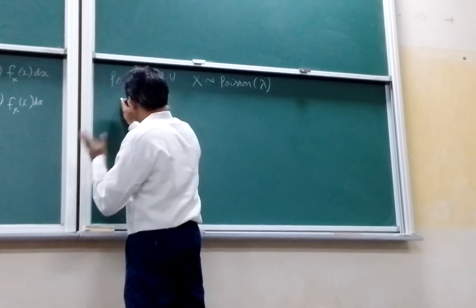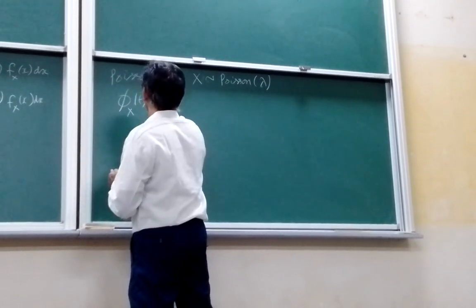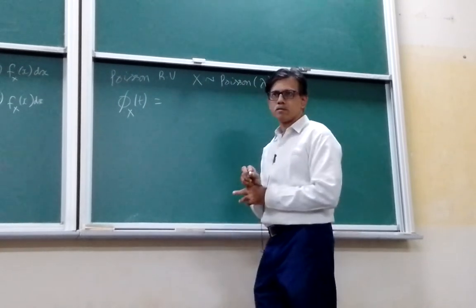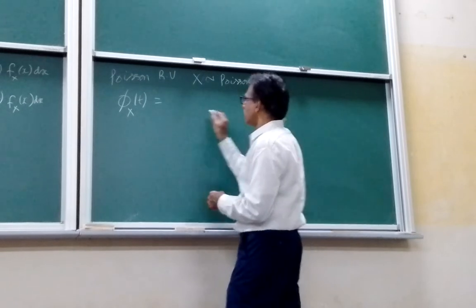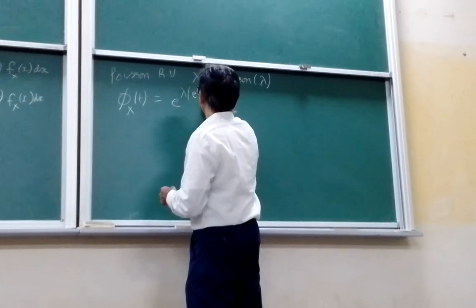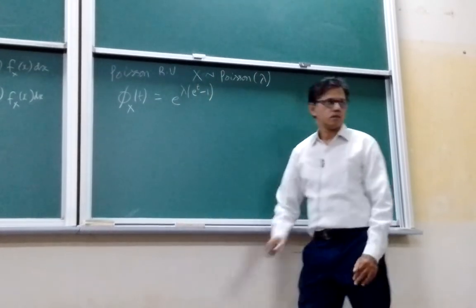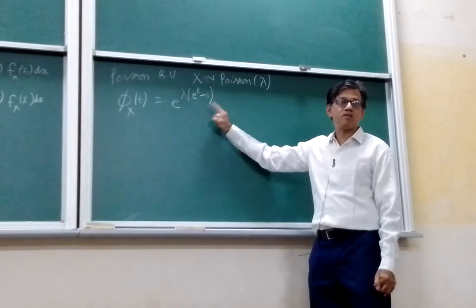So first of all, what we need is the MGF for the Poisson random variable. How does it look? Lambda is the parameter. It is e power of lambda into e power of t minus 1. That is the MGF of the Poisson random variable.